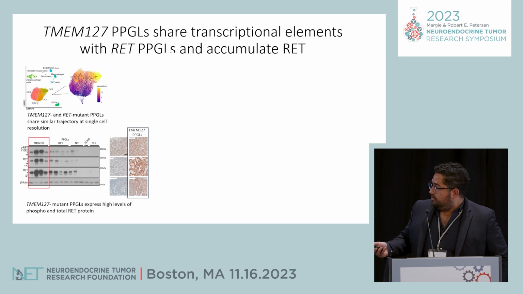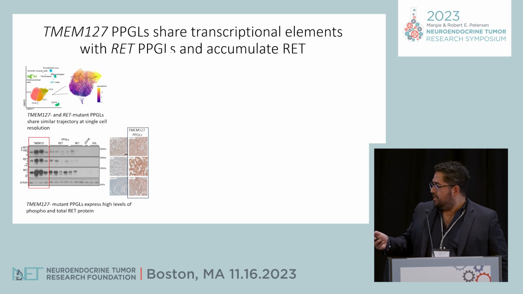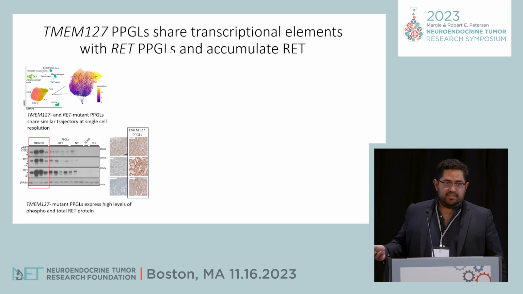And we saw that PPGLs harboring TMEM mutations displayed high levels of RET protein expression and high levels of RET phosphorylation, suggesting that there was RET accumulation and RET hyperactivity in these tumors. And this was not shared with PPGLs harboring other driver events.